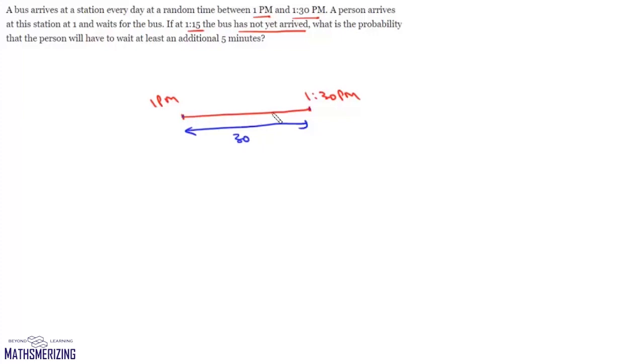All the points on this line correspond to any random time of arrival of this bus. So our entire sample space can be geometrically mapped with this line of length 30.